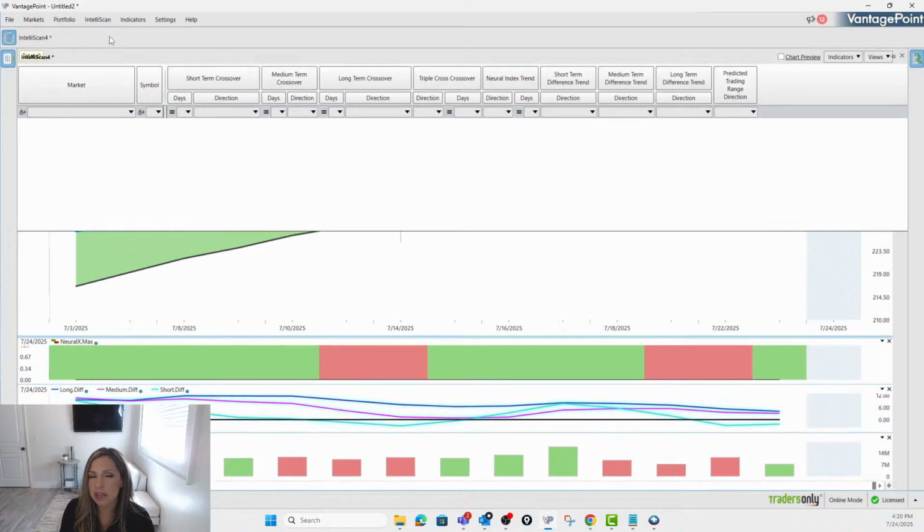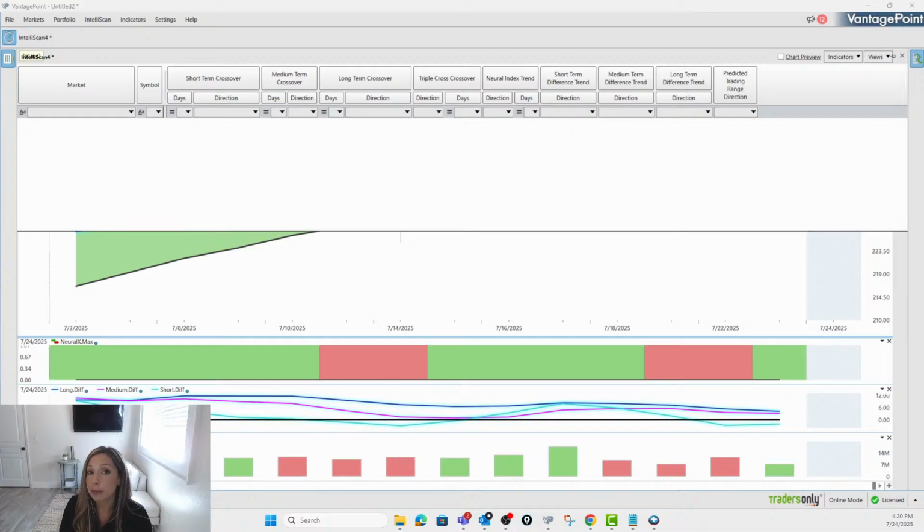And there are some default indicators that will show up in your scan when you are initially opening that scan. So we can see here that our IntelliScan, or our stock screener, consists of these predictive indicators that we just went over on the chart. The same indicators we were looking at down on our chart are the exact same indicators we're looking at up here in the IntelliScan.